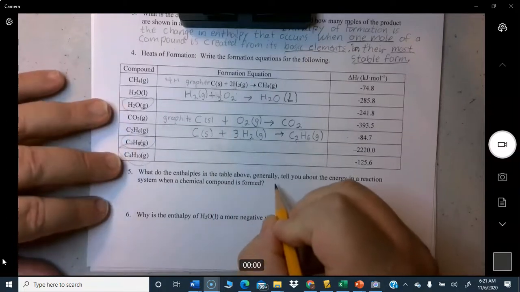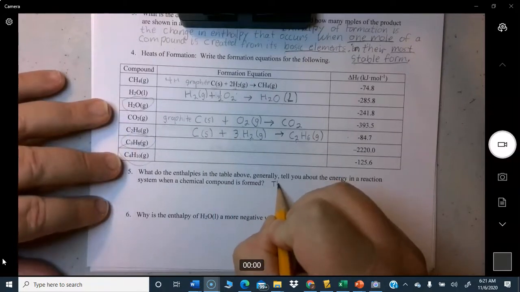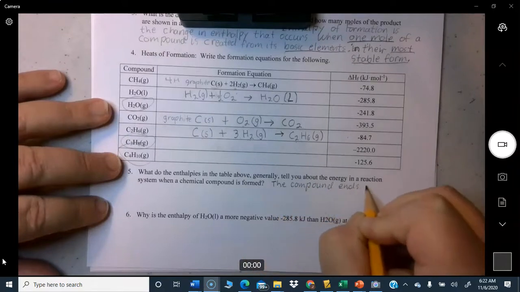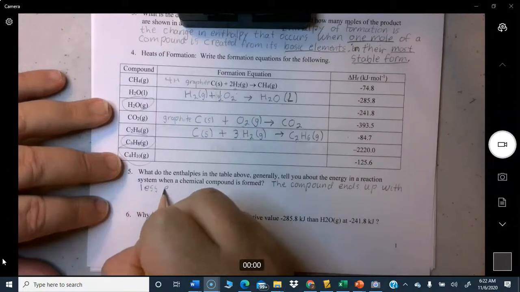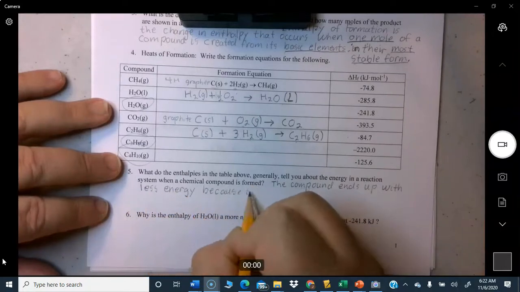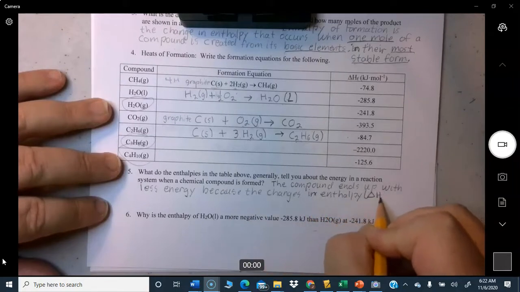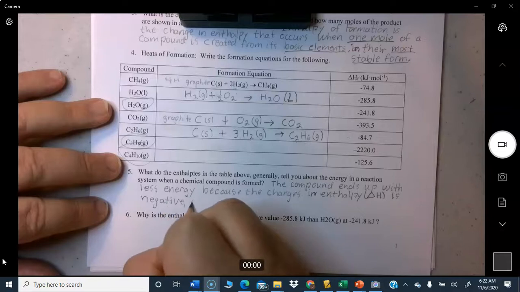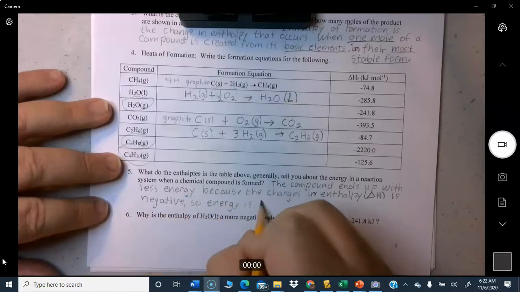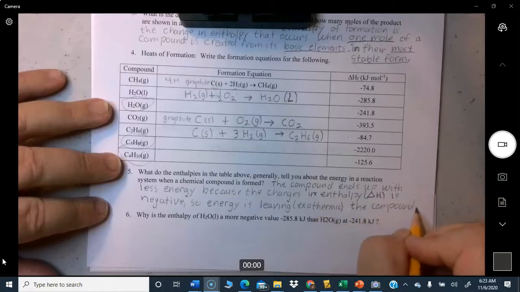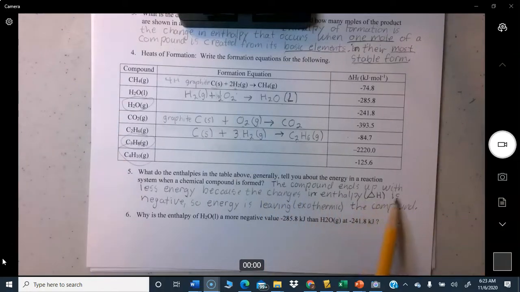So what it means is the compound, that's the product, ends up with less energy because the changes in enthalpy, delta H, are negative.